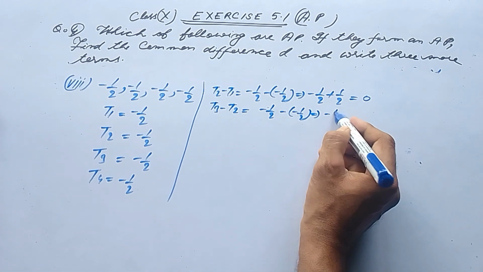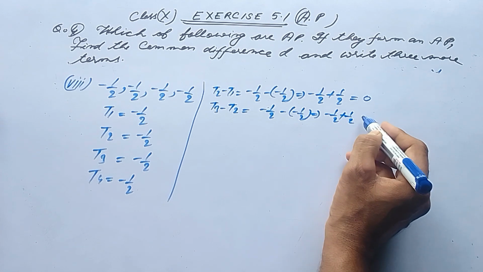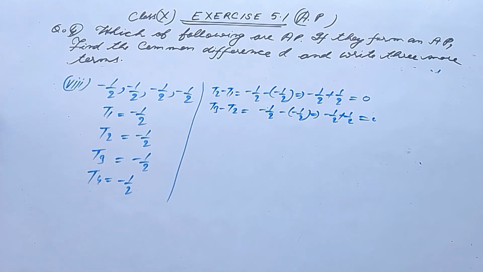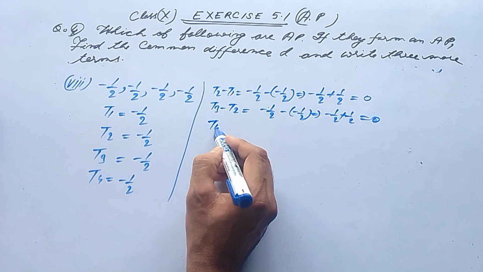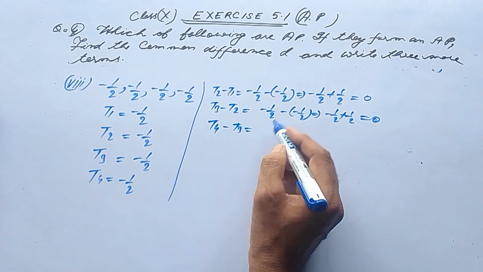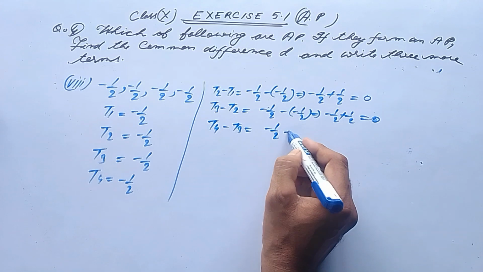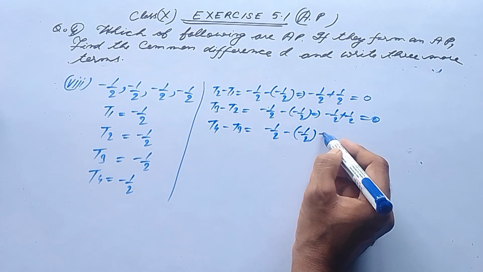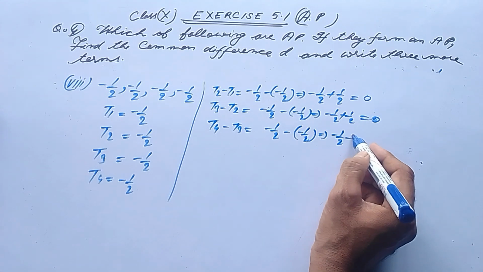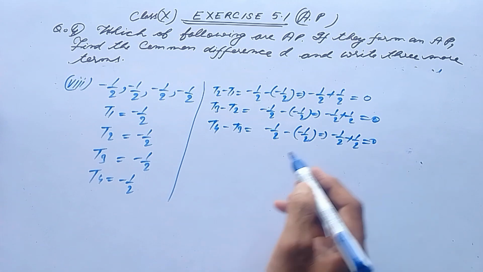We have -1/2 plus 1/2, that is equal to 0. Now T4 minus T3, T4 कितना है -1/2 minus T3, that is -1/2, तो यह आ जाएगा -1/2 plus 1/2, that is equivalent to 0.